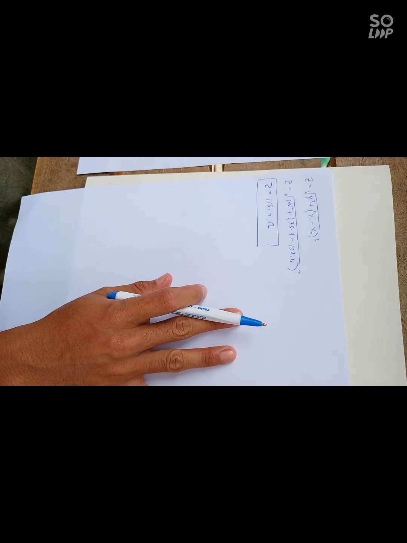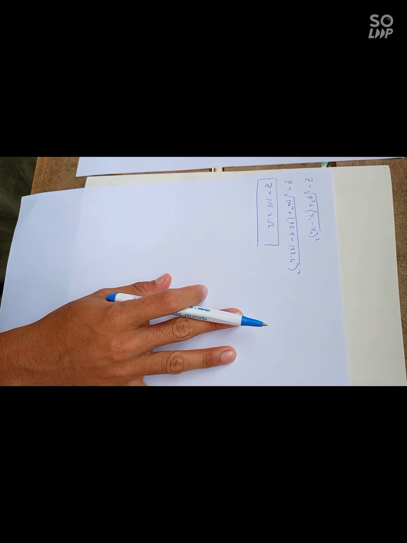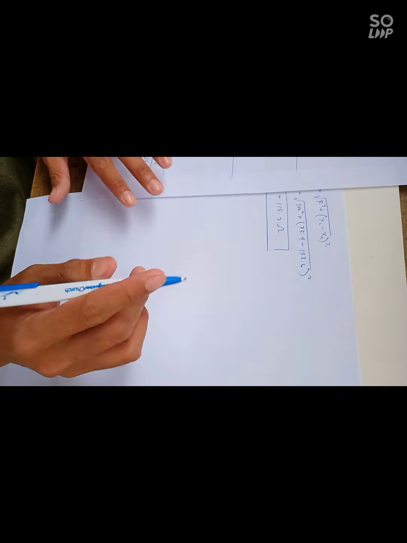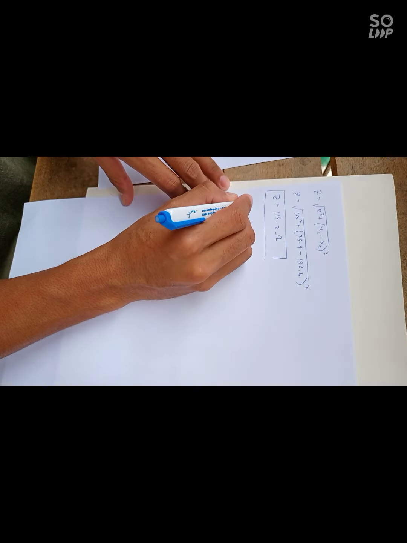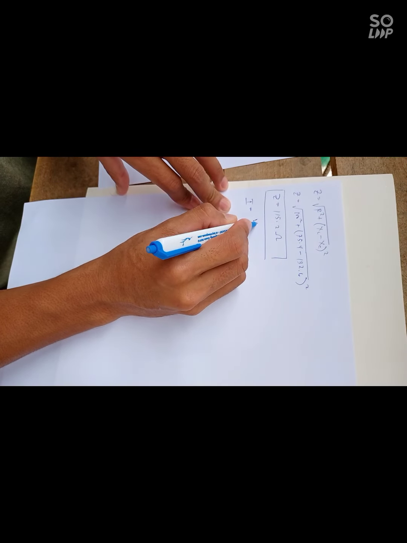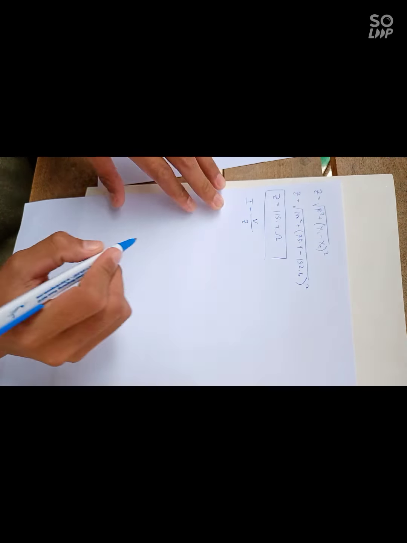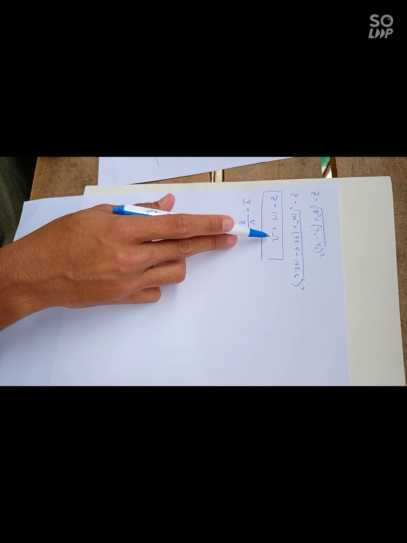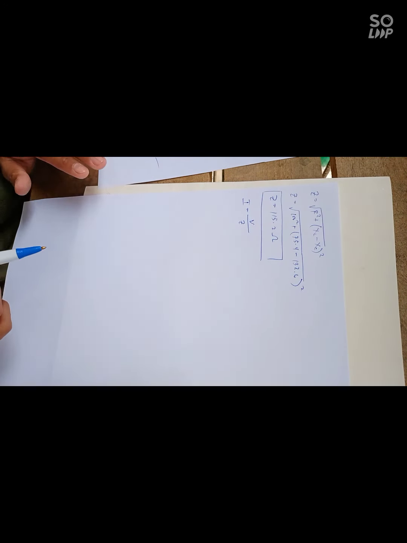Next, we will solve the current flow. Okay, the formula of current is I equals voltage over the impedance or the resistance.